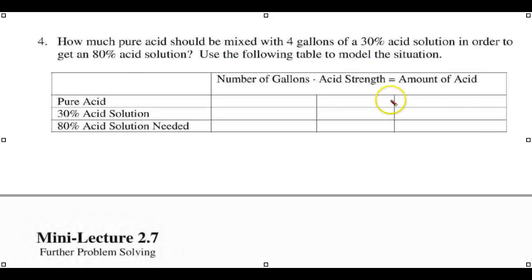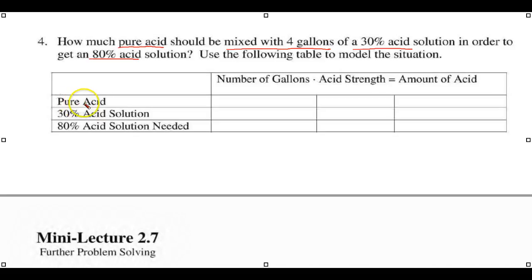Now our textbook is suggesting that you use a chart for something like this, but let's read it carefully. How much pure acid should be mixed with 4 gallons of 30% acid in order to get an 80% acid solution? Now they do in your math lab ask you to use charts, so we'll use this one.